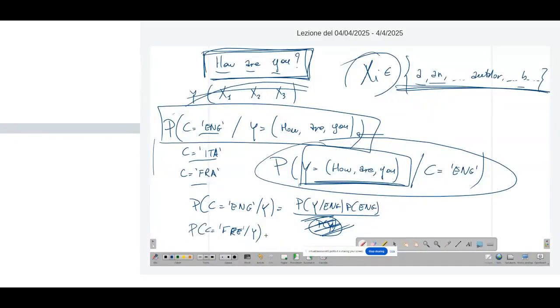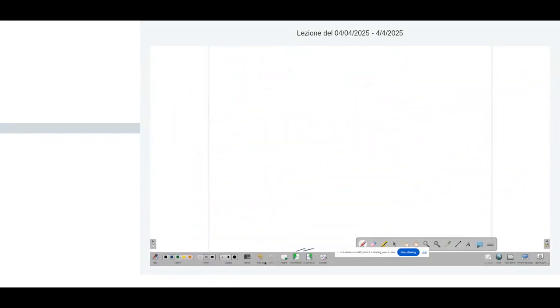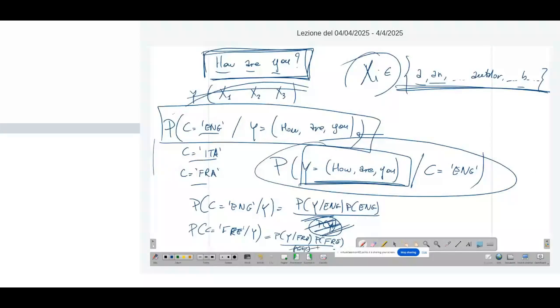So for example, for French, I will have pi of Y given French times the prior probability of French. Again, divided by the marginal, but the marginal is irrelevant. So once I am able to compute these terms for all languages, I have solved my inference problem.